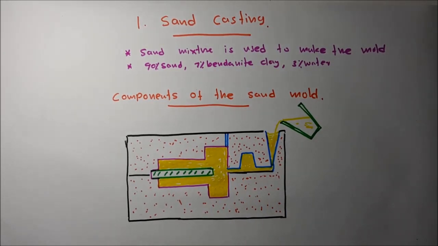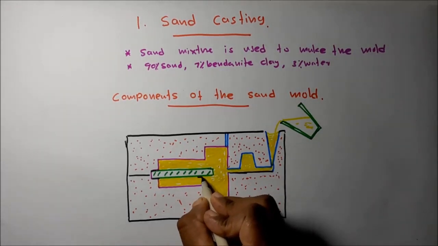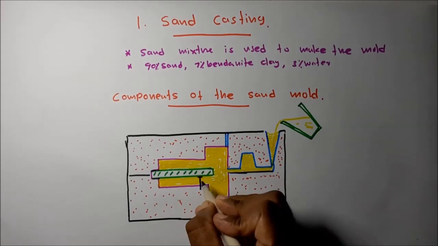Here is the cross-sectional view of the sand mold. Another thing I forgot to mention: the core is mounted using chaplets. The core is mounted using chaplets like this. This is an adjustable screw called chaplets.